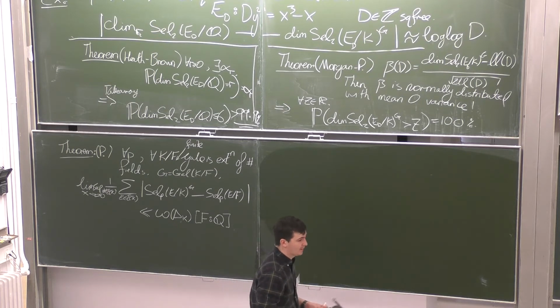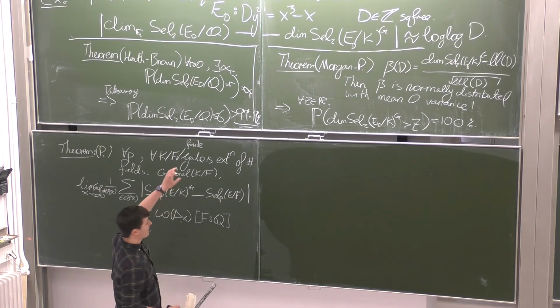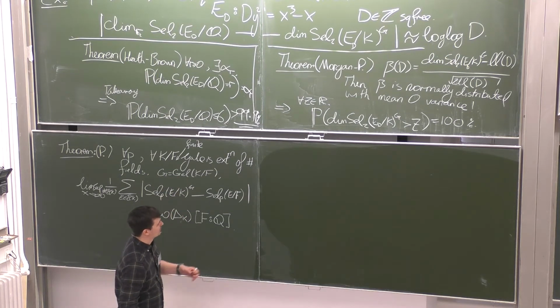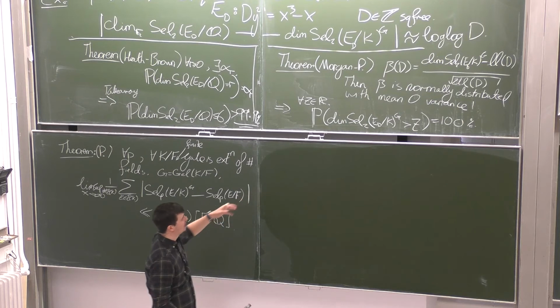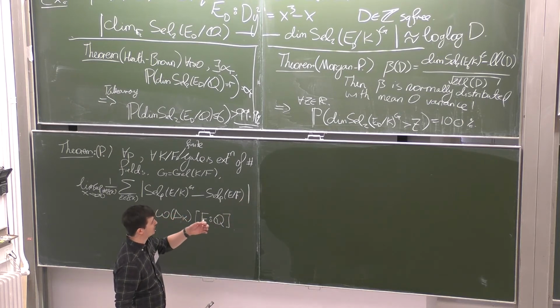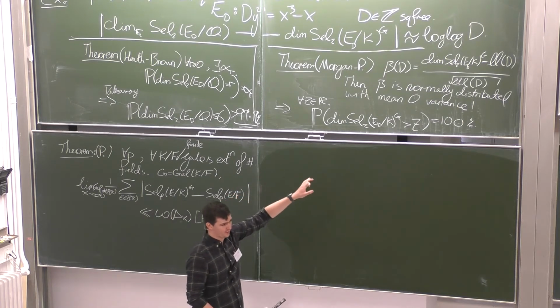Can you repeat the question again? Oh, sorry. So Dan's asking, this growth in the p-Selmer group on the right-hand side, do we expect this to be coming from Sha or from points on the curve? In fact, in our paper, we show that this growth is coming from Sha.